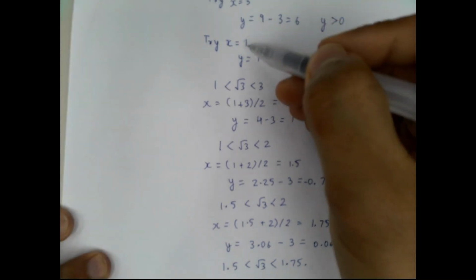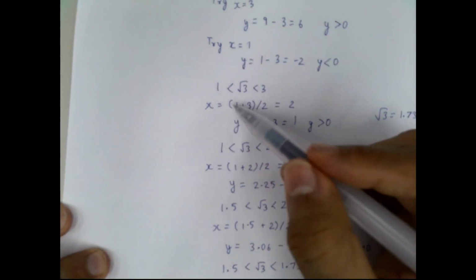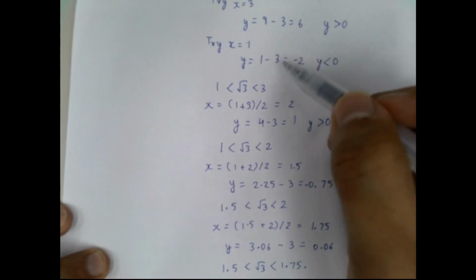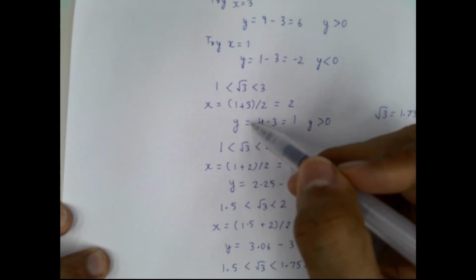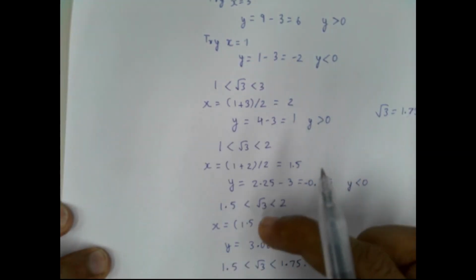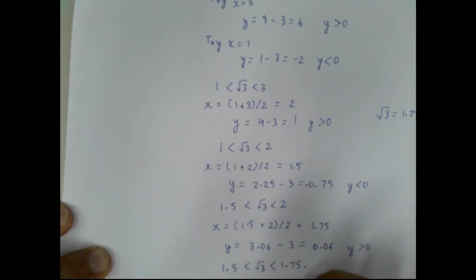Now I know what I have to do: find the average of the two numbers, use it in this formula, get the value, and do this again. The more I do it, the more significant figures I get, and the more accurate a value I get.